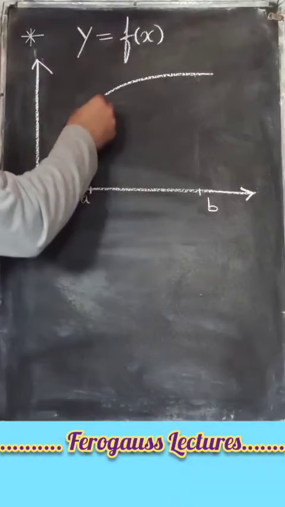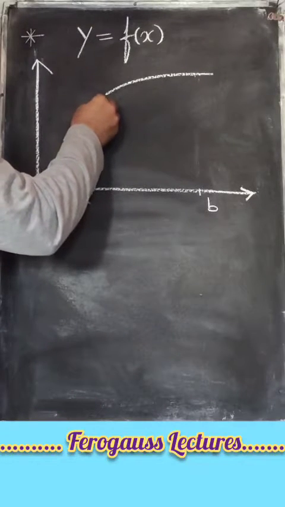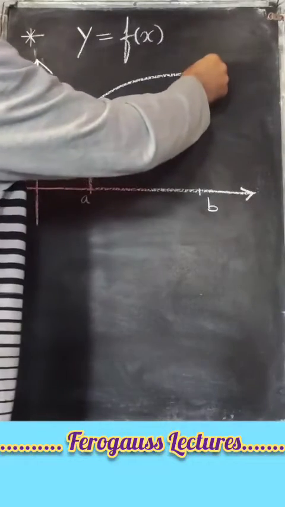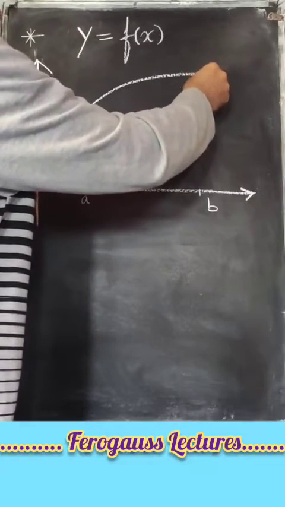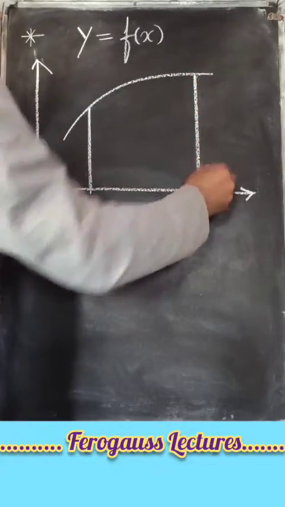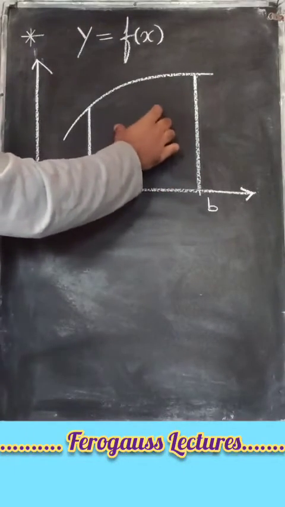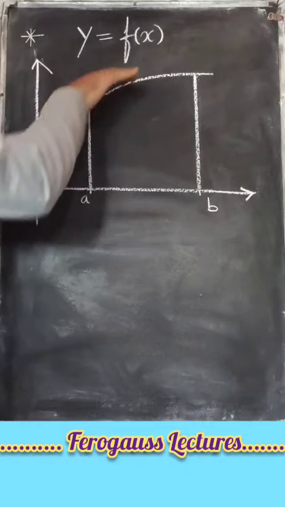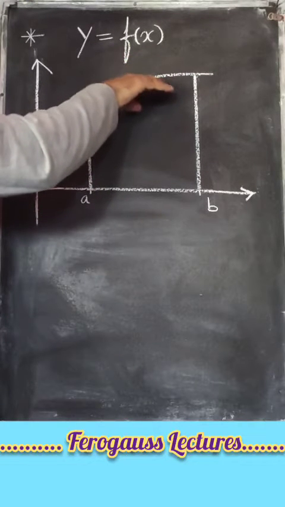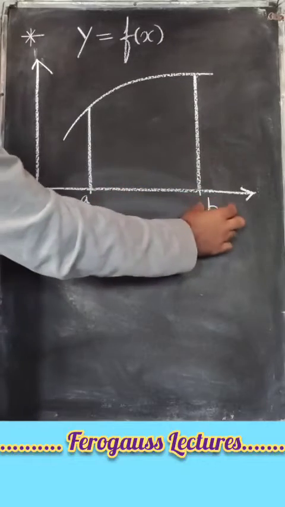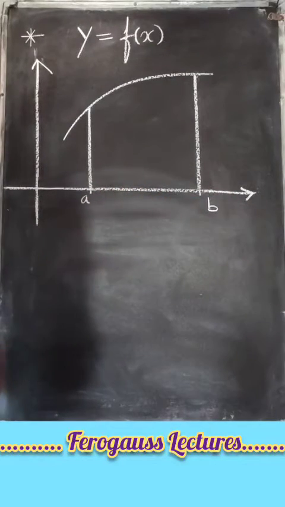That is, we have to find area of this bounded region, that is area under curve y is equal to f(x) and between two given points a and b.